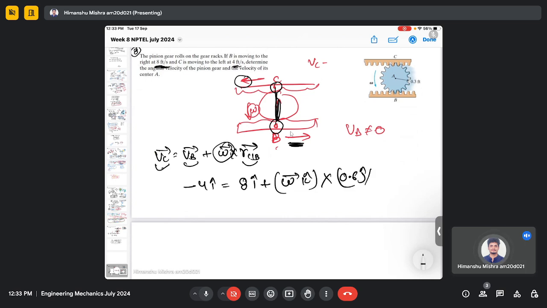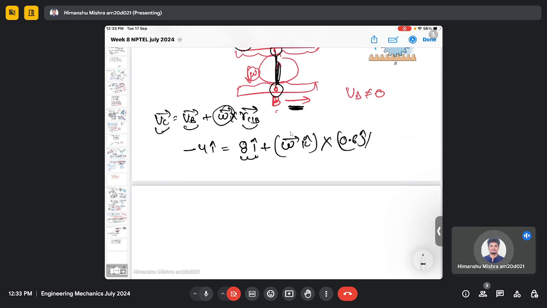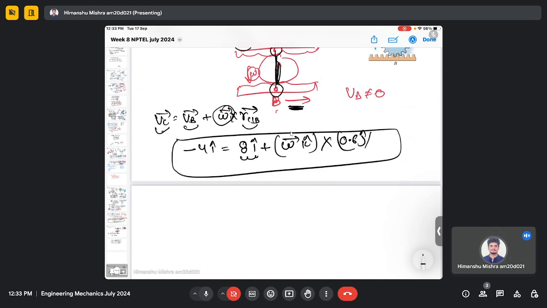So until now it's the same problem. The only difference is that instead of this velocity being 0, now it is given as 8 in the positive x direction. Now you have the vector equation, so you can separate out the x component and y component.